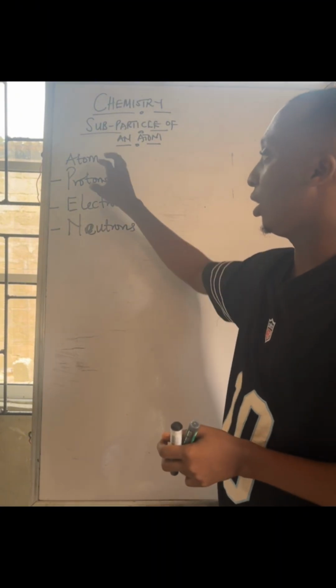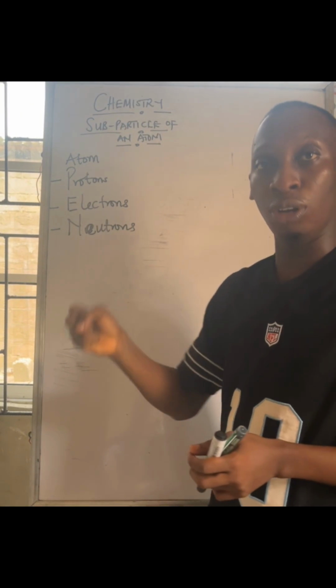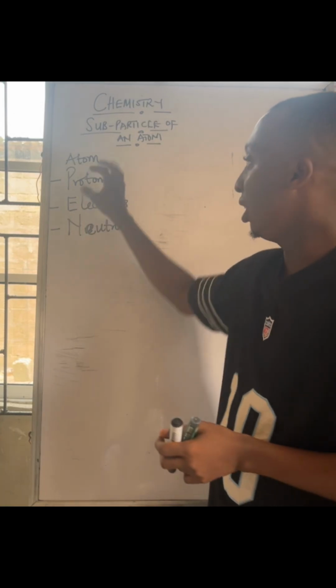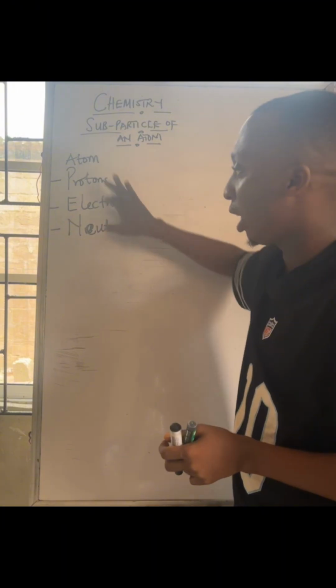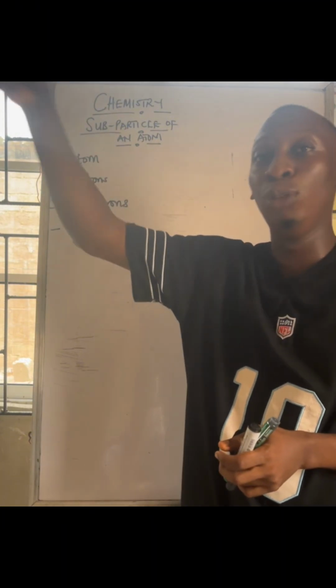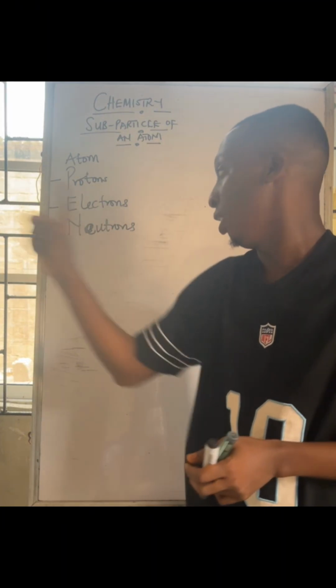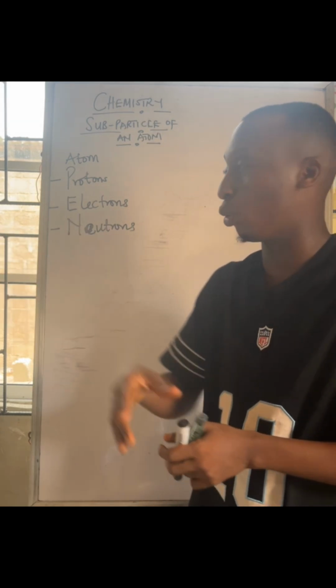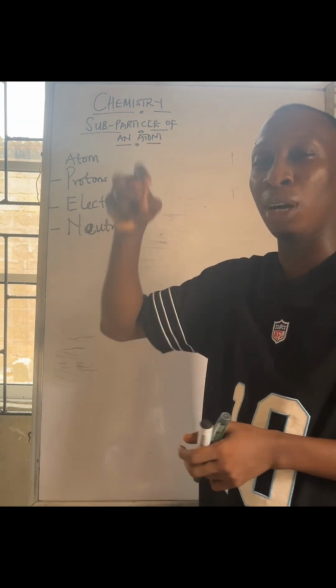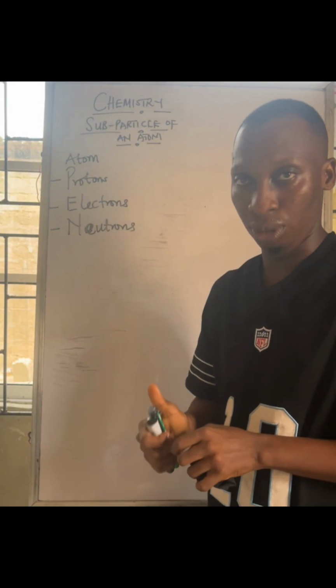Now the idea is, do you know that the proton of every element is centered in the nucleus? This particular thing here is found in the nucleus of an atom, while the neutrons as well are found in the nucleus of an atom, but the electron is found in the orbitals or shell.